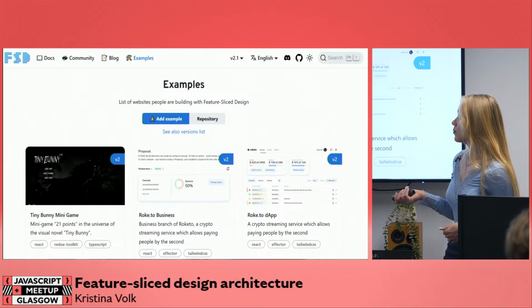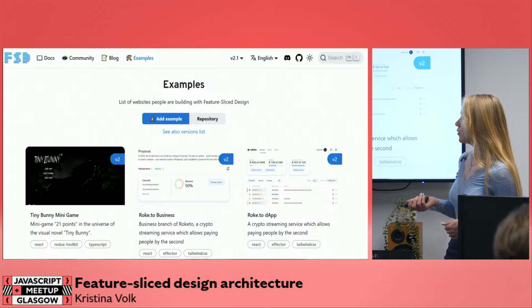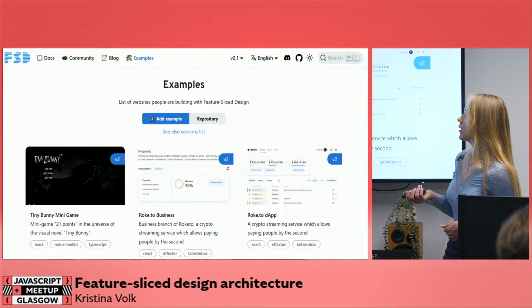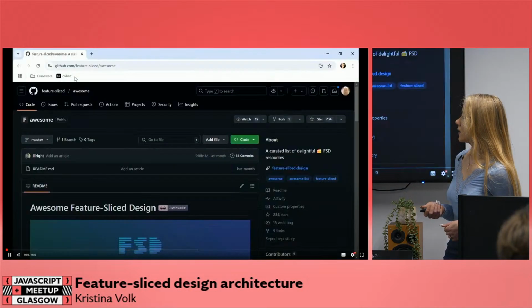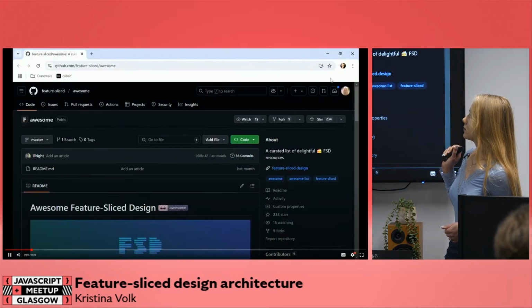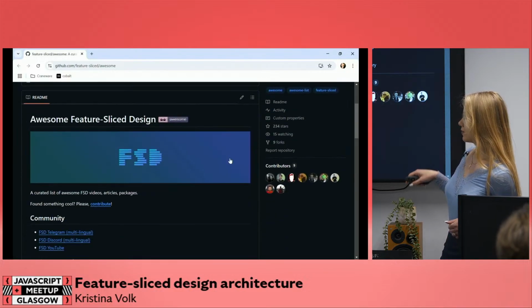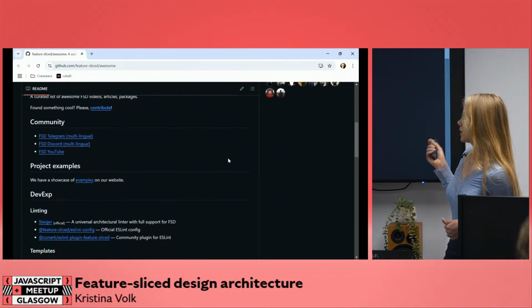There are many examples of how you can actually start trying to implement that. Again, you can just try on your pet projects. There are articles about how to migrate, and all the links will be shared after, but this is what I wanted to show.